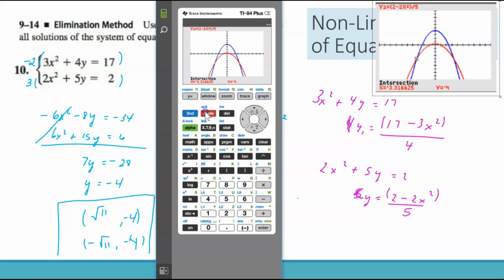If we look at what we had, a negative square root of 11. Let's see what negative square root of 11 is. Negative square root of 11 is negative 3.31625. So I know that I have a correct solution.